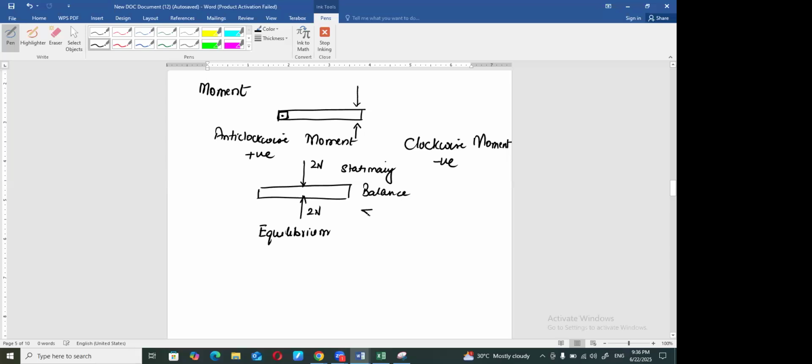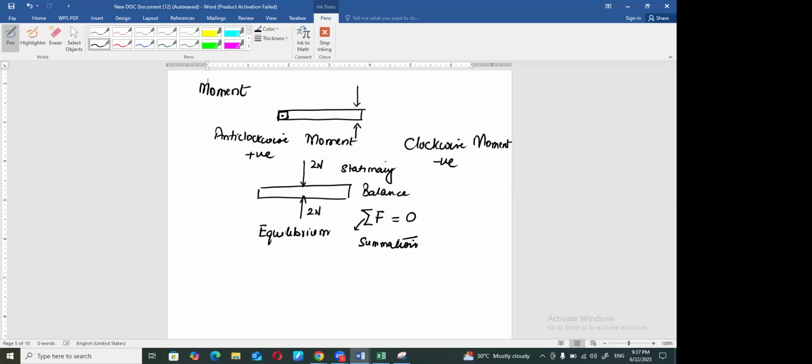Mathematically, we write it like this: summation F is equal to zero. It means the sum of all the forces acting on a point on an object will be equal to zero. This is called a summation sign. Now, this is one of the conditions of equilibrium, when the body is in stationary mode.